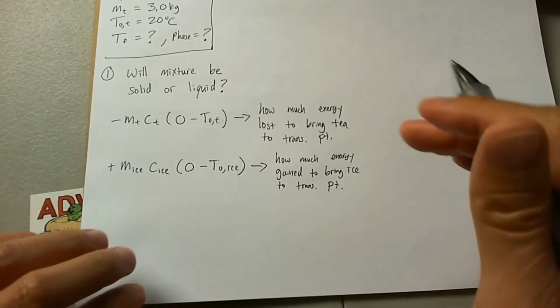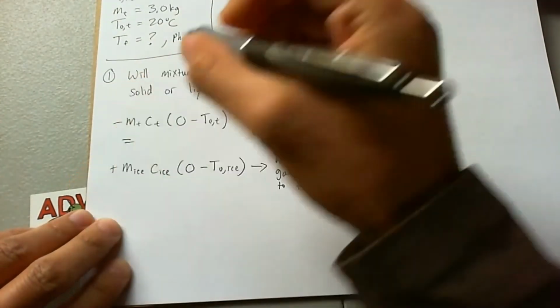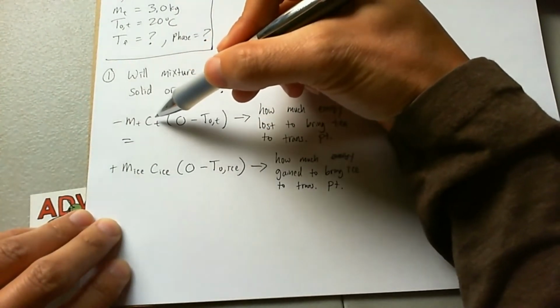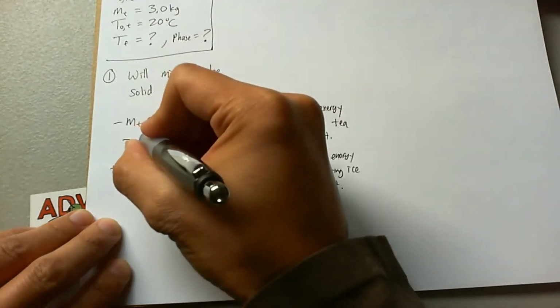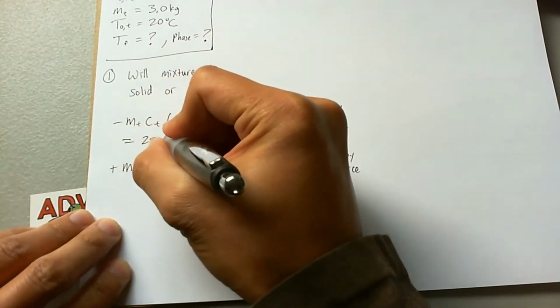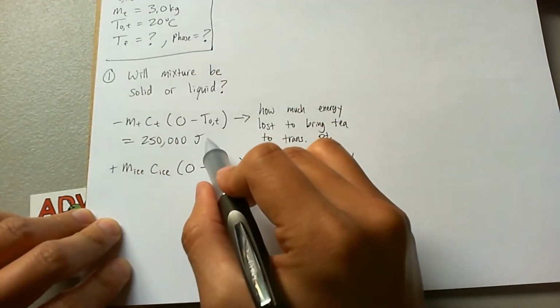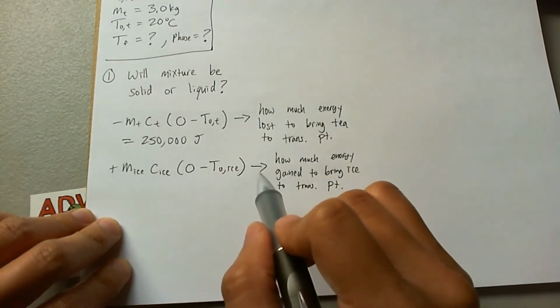Okay, when we do the calculation, by plugging in 3 kilograms here, 4186 joules per kilogram Kelvin here, and plugging in 20 degrees Celsius here, we get a whopping 250,000 joules. And that's how much energy has to be lost by T in order to at least get it to that transformation point and to start transforming.